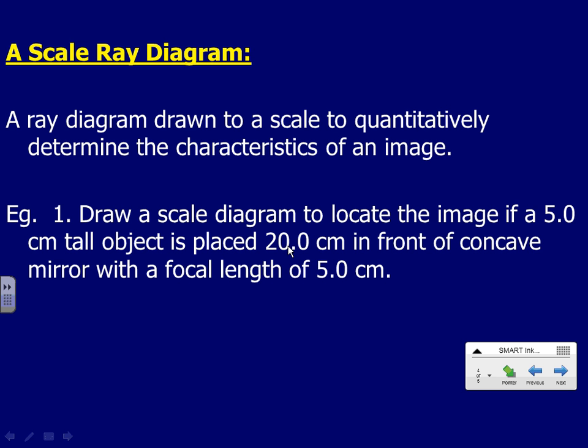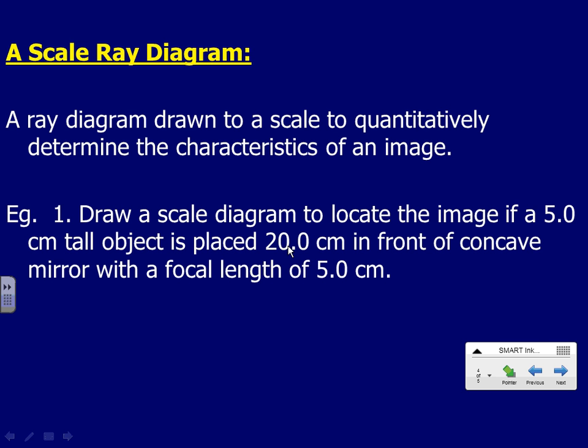All right. And then M equals HI over HO, right? And so what do we have? A negative 0.33 equals HI over, what was it, HO? 5?